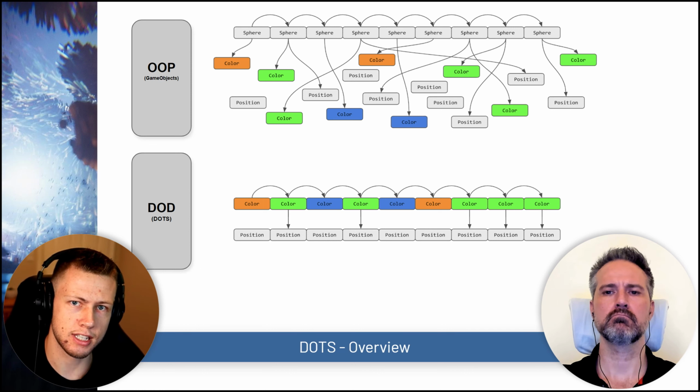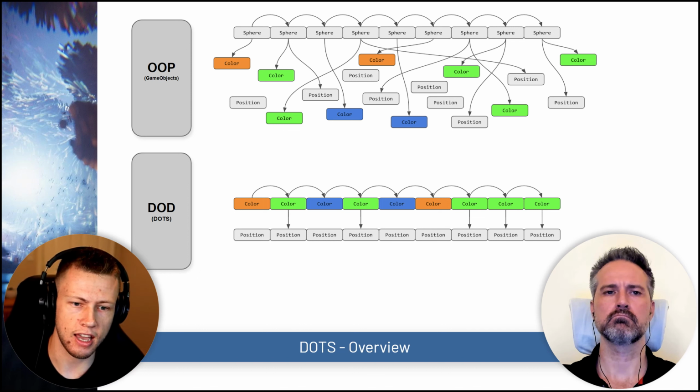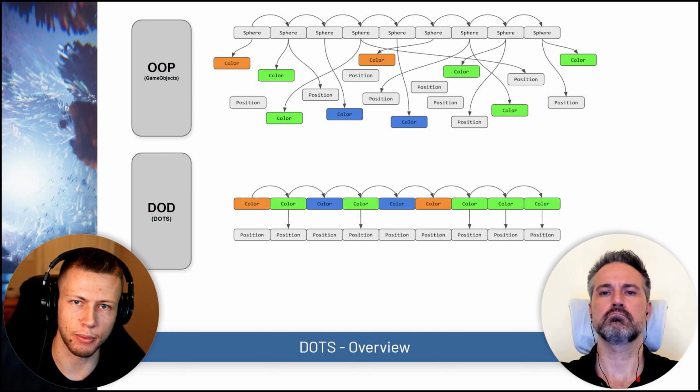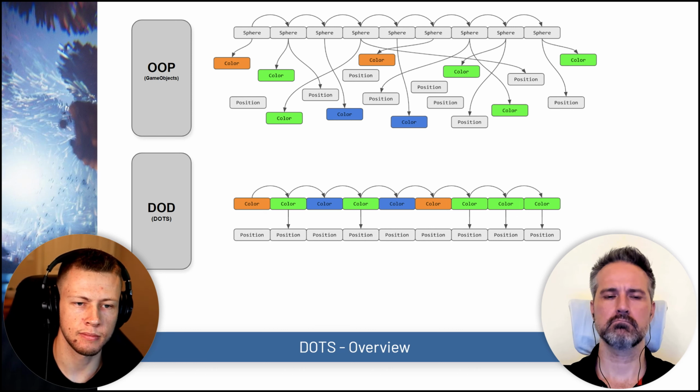Then we have separate systems, which are tuned to run on groups of these entities. Because we can iterate through these entities very quickly, we can get a list of all the entities that fit a particular type, and move those based off of the data components that we have stored on that entity.